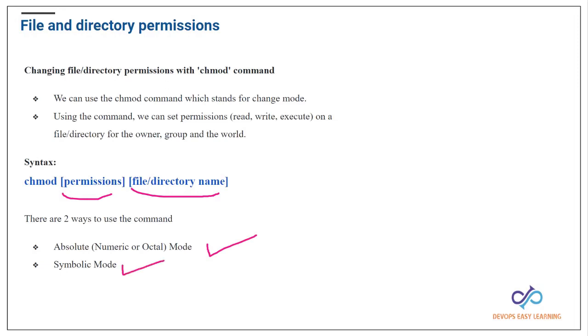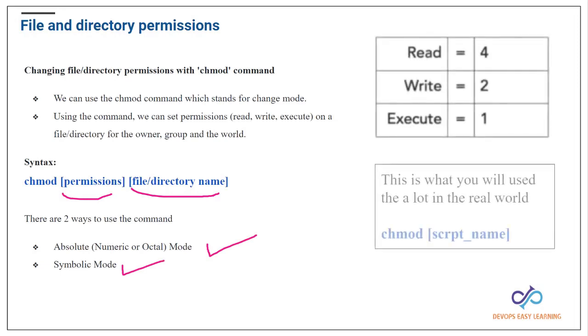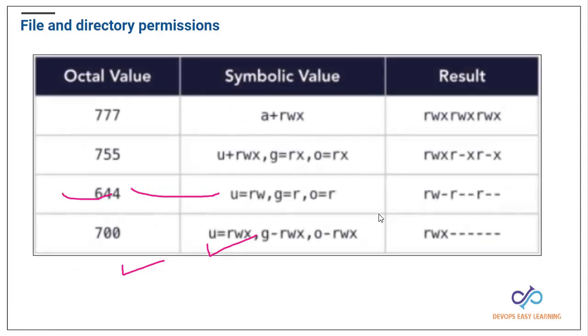Now, what is the difference between symbolic representation and absolute representation? Here, when we say read is 4, write is 2, and execute is 1, we can just say chmod and give that. Now, let's see the difference between the symbolic mode and the absolute mode, for files and directories.